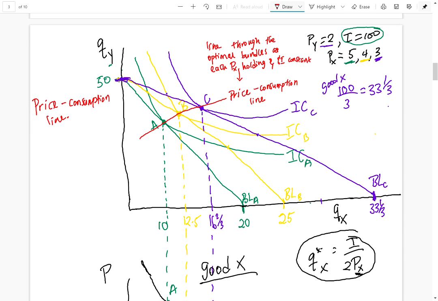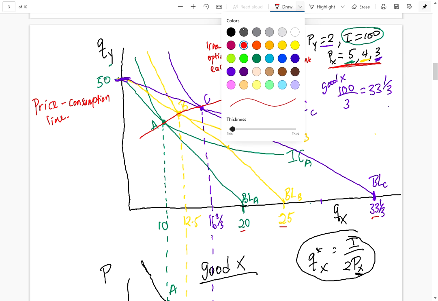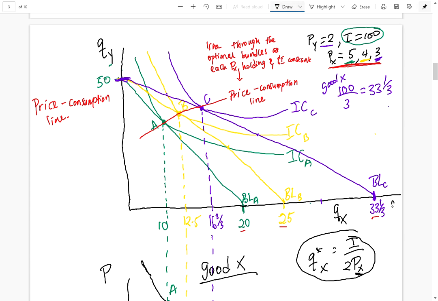Okay. You see that nothing happens here on the Y-axis for good Y. We always stay at this point of 50 units, but as the price of good X changed from 5 to 4 to 3, this person could afford more of good X if she spends all of her income on good X.